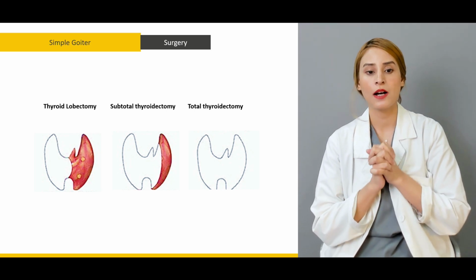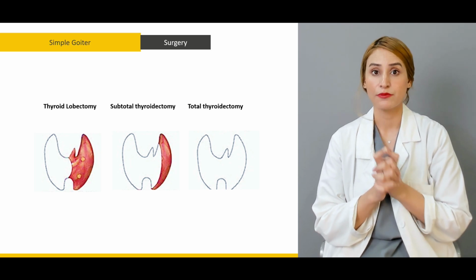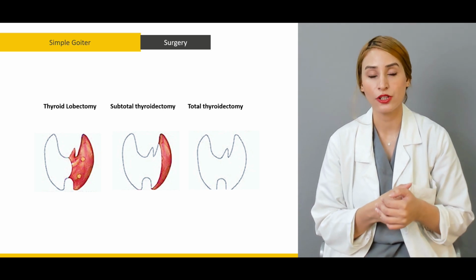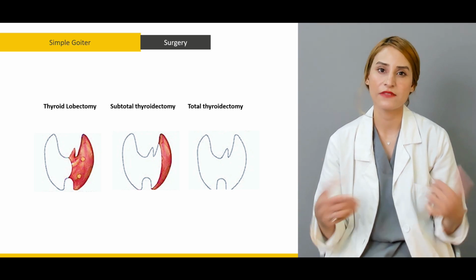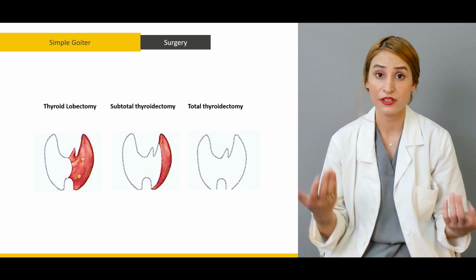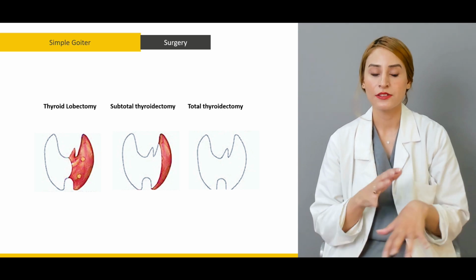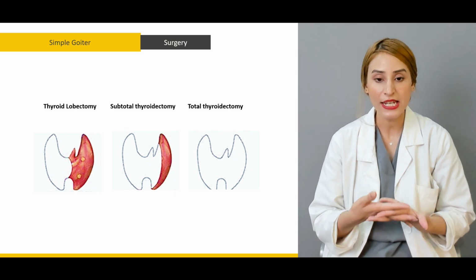Why do we perform the subtotal thyroidectomy? Already discussed, because if there is a risk of hypoparathyroidism, or you don't want to put the patient on thyroxine for lifelong, or you don't want to put the patient on calcium supplements for lifelong, you leave some of the thyroid and you perform the subtotal thyroidectomy.